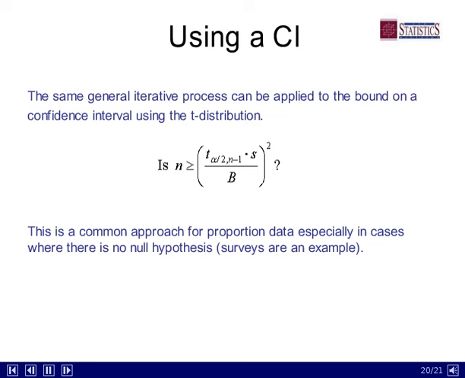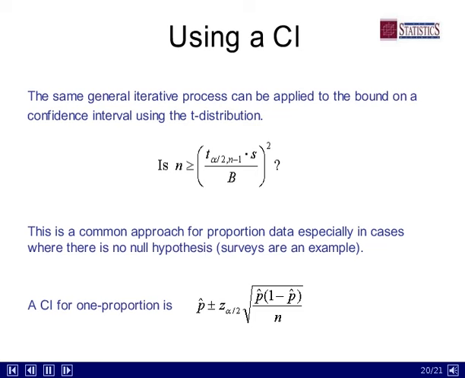Well, what we want to do is fix what that margin of error is going to be beforehand. So what we want to do is choose a sample size that does that. So we don't have a hypothesis for it. We don't know what percentage of people are going to believe a certain thing. We just want to make sure that we're getting enough samples to get within a certain bound on that.